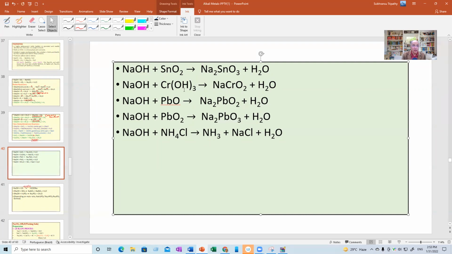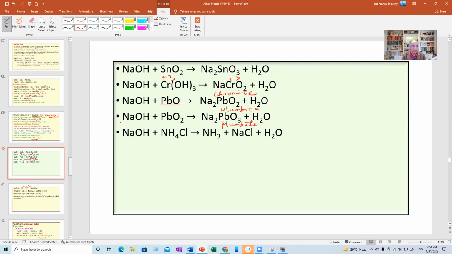It will show amphoterism. This is plus 3, this is plus 3, chromite. Like metaluminate, this is chromite. This is plumbite. This is plus 2, plus 2. But if you take plumbic oxide or lead-4 oxide, it will form plumbate.